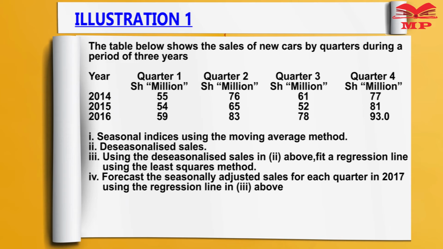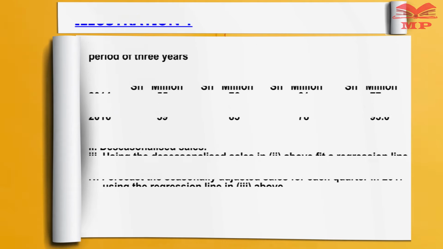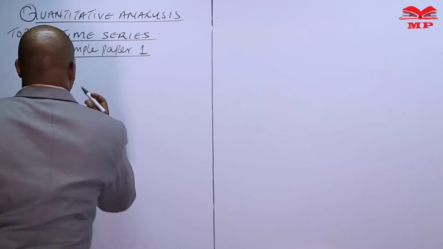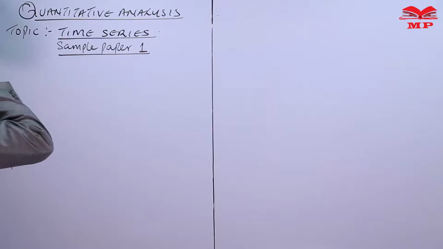Forecast the seasonally adjusted sales for each quarter in 2017 using the regression line in 3 above. End of question.